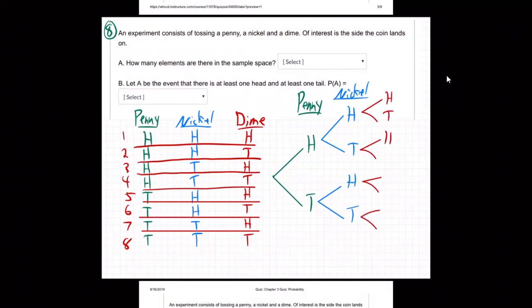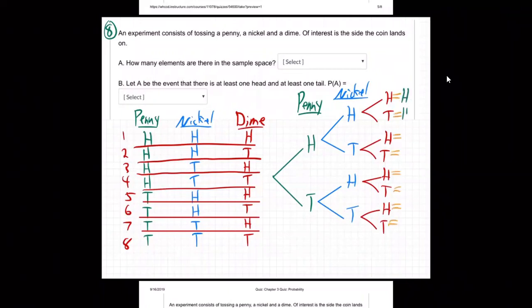Heads, tails, heads, tails, heads, tails, heads, or tails. And so putting all that together, we go equals. All right, so then I can just write out all the possibilities.